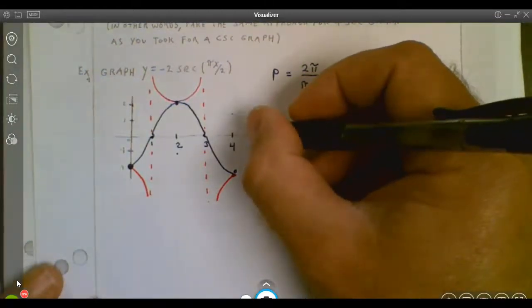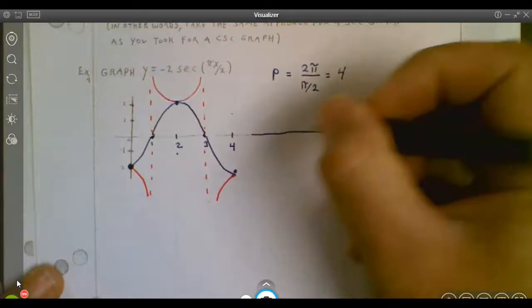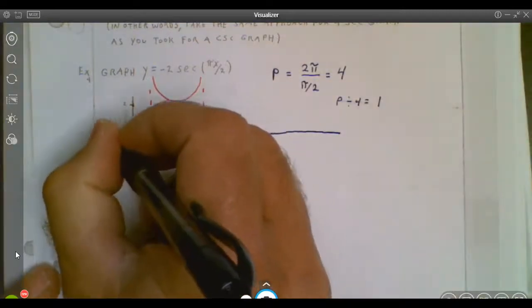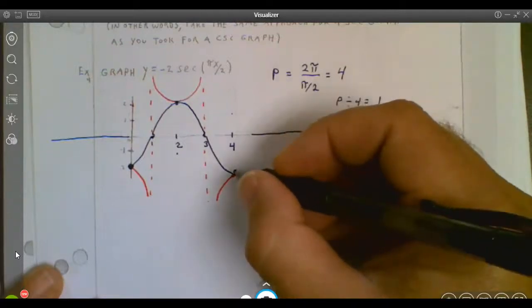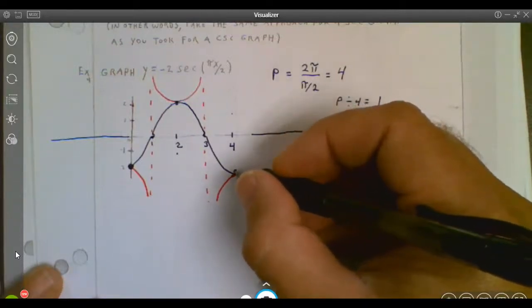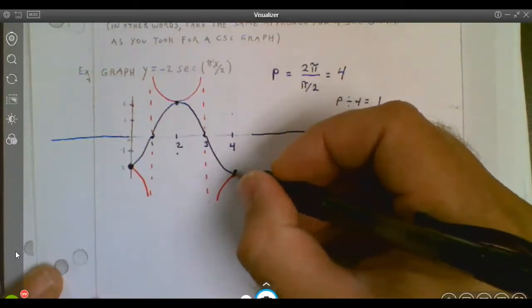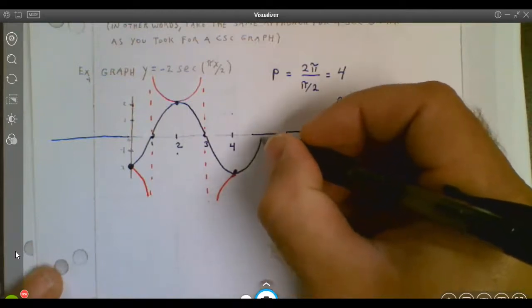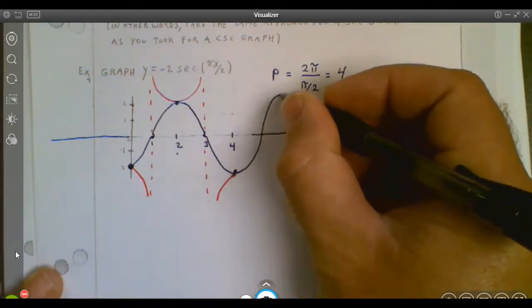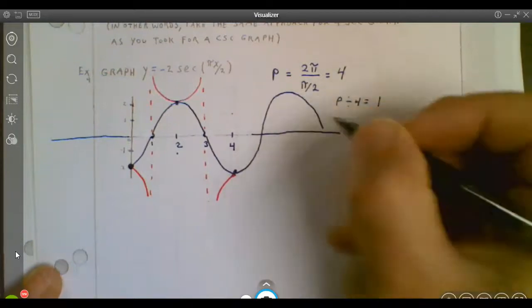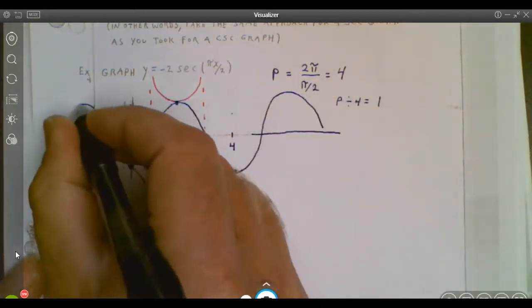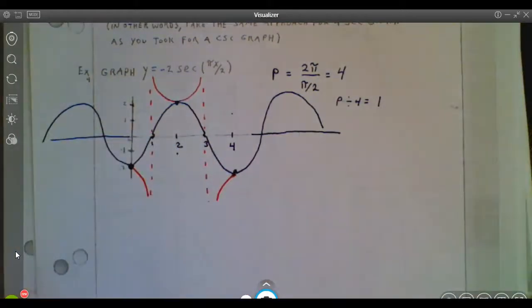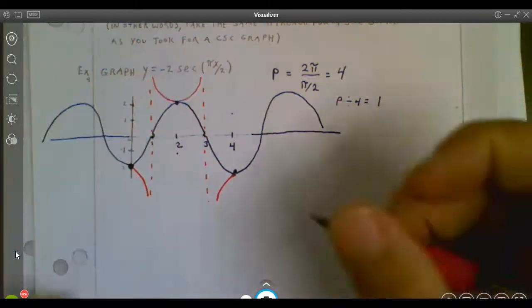If we were to carry this on, and this will be a real rough sketch because I'm just trying to make a point here, but if I carried it on, remember what your cosine graph would do. It would do this. Right? If I carried on the cosine graph, this is what we would see. Right? So remember the secant graph is the inverse of those.